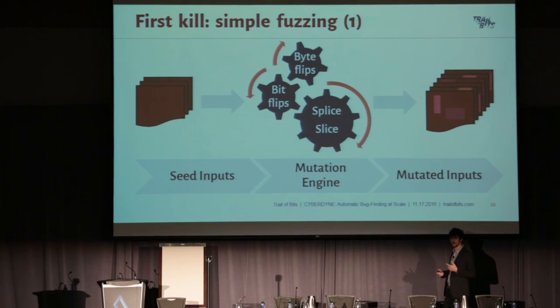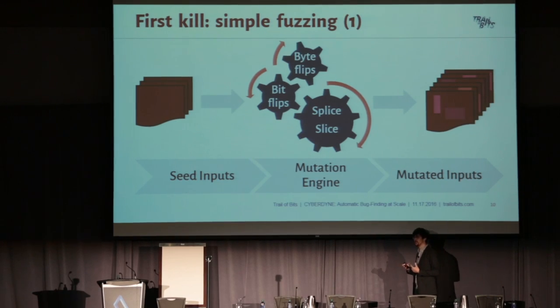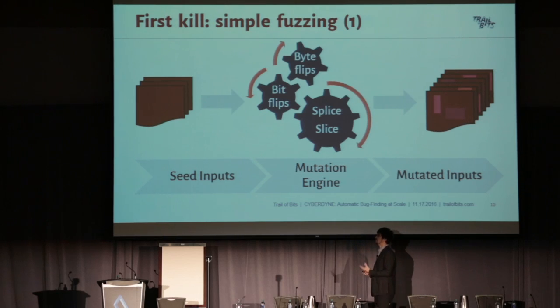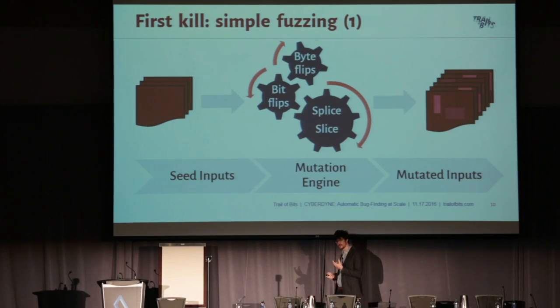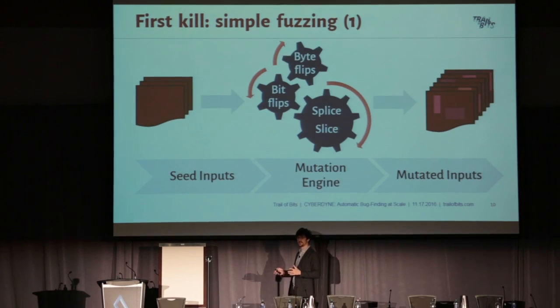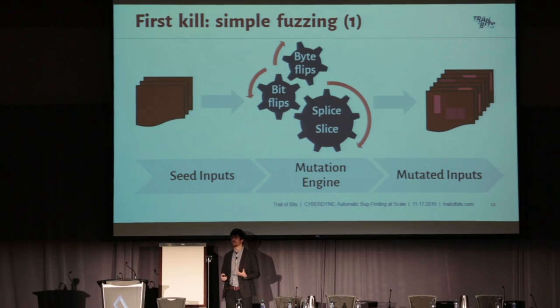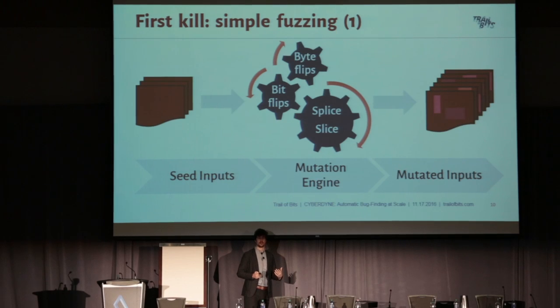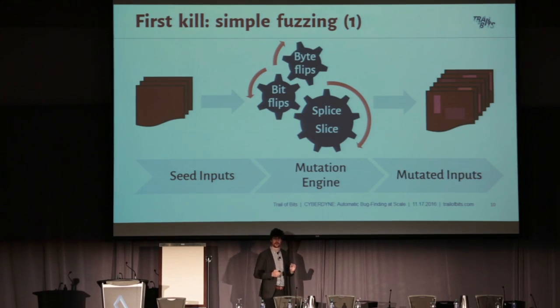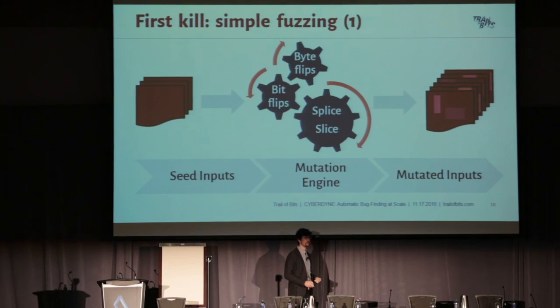A simple way of doing this is with something called a mutation engine. It takes realistic or real inputs, and then starts, say, flipping bits or flipping bytes. It does a number of operations on those inputs, and the hope is that when you've corrupted these valid inputs, something interesting is going to happen.